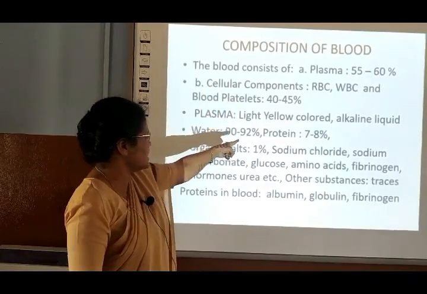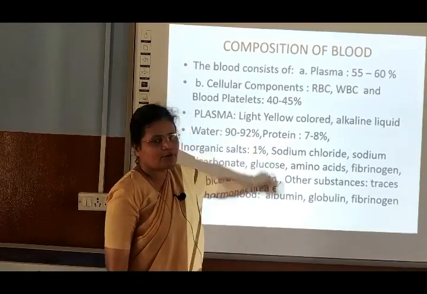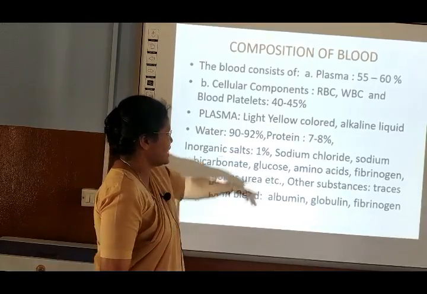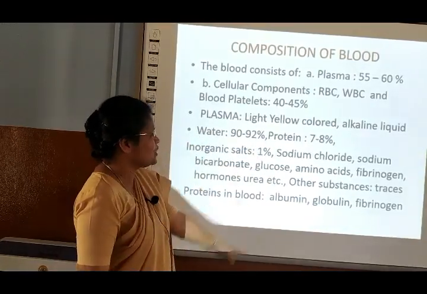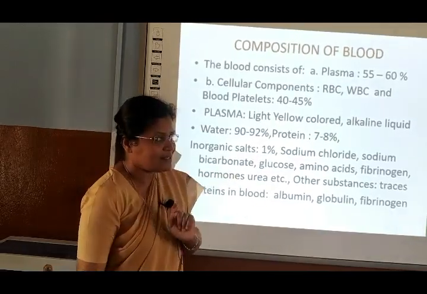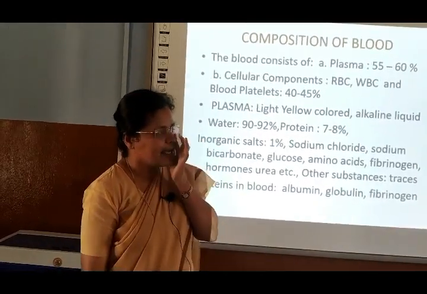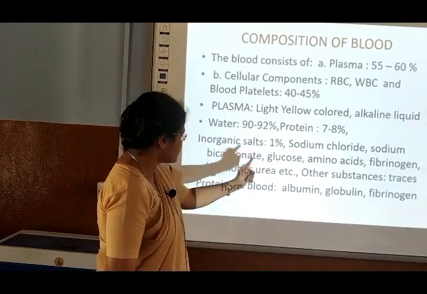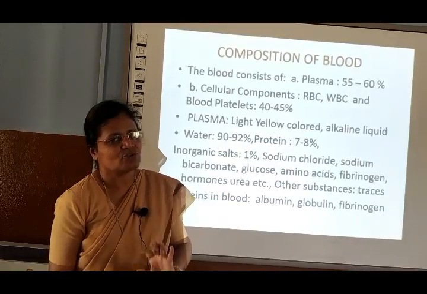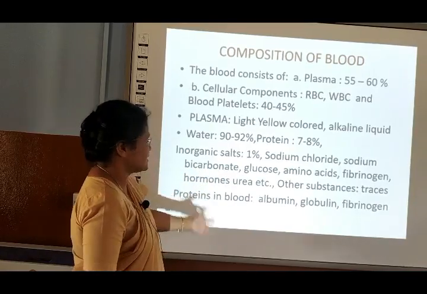Most of it, 90 to 92%, is formed of water, 7 to 8% is formed of protein, and 1% is other inorganic salts like sodium chloride, sodium bicarbonate, glucose, amino acids, fibrinogen, hormones, urea, etc. You know amino acids, I have taught you in class 9. Fibrinogen is a protein present in the blood which helps in blood clotting. Glucose, you know what it is, and sodium bicarbonate and sodium chloride, you know, it's a chemistry word, it's a salt, and then you have other traces and substances.